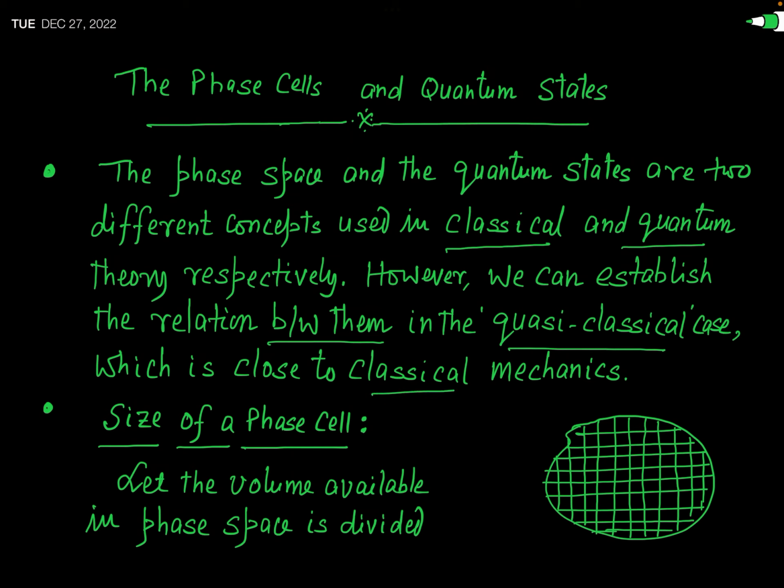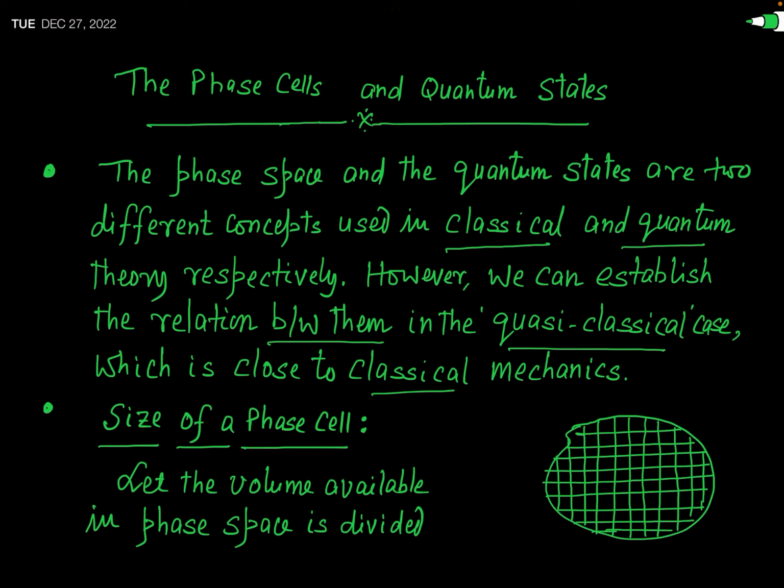I hope you have understood why we need to divide our phase space into elementary cells of equal volumes, which are called phase cells. And when our system is quantum mechanical, then we simply call that phase cell quantum states. These are just two terms used for the same thing.